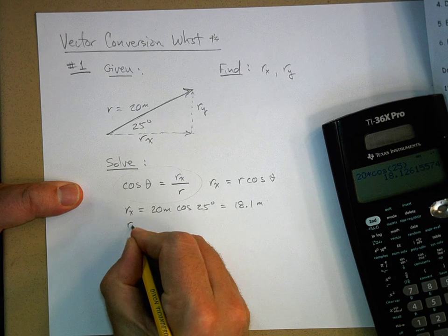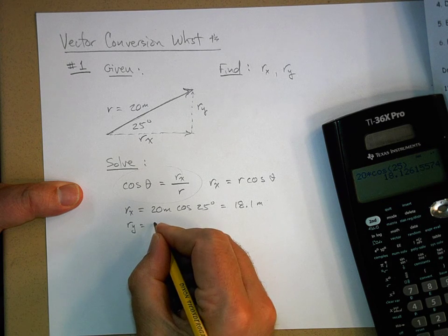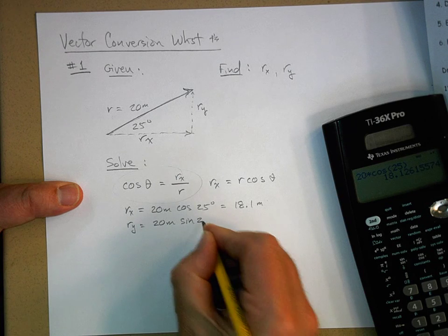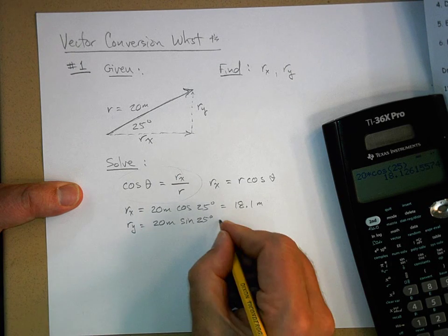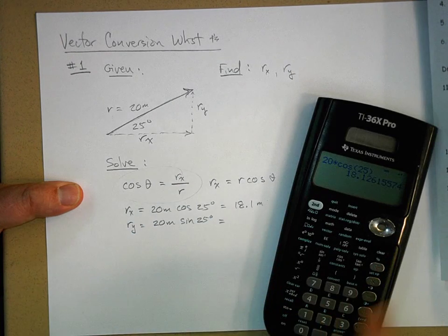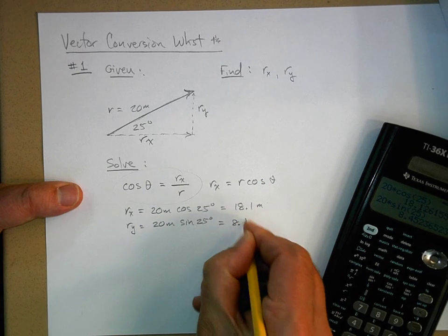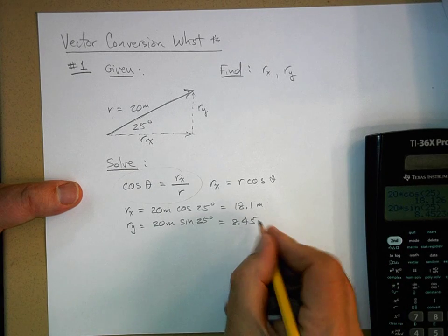And then R in the y is equal to, well, 20 meters times the sine of the angle. So we'll go 20 meters times the sine of 25 degrees. And you get 8.45 meters.